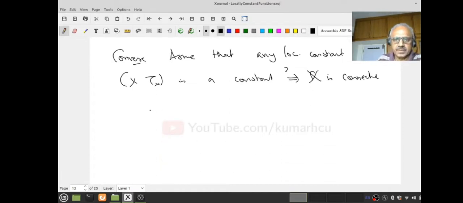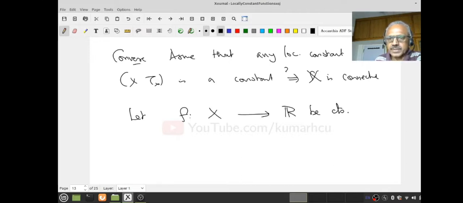Right. So what is our criterion for connectedness? Let f from X to R be continuous, so that f(x) is plus or minus 1. Remember, this is a continuous function into the discrete space {plus or minus 1}, therefore f is locally constant.